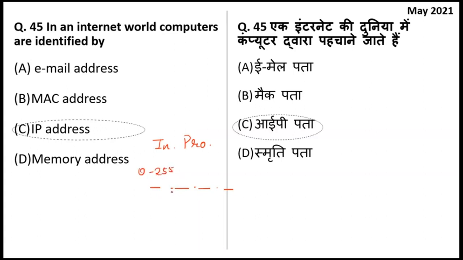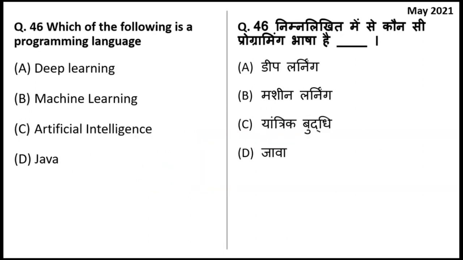There are certain numbers that are reserved, but in simple terms, IP addresses are used to identify computers or networking devices on the internet.